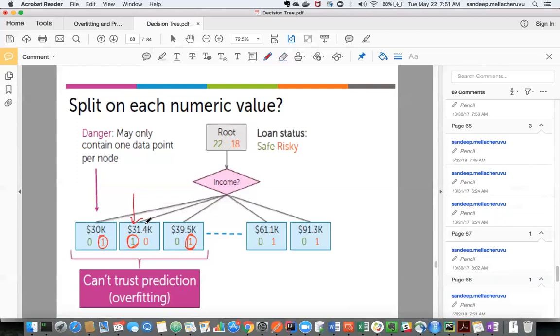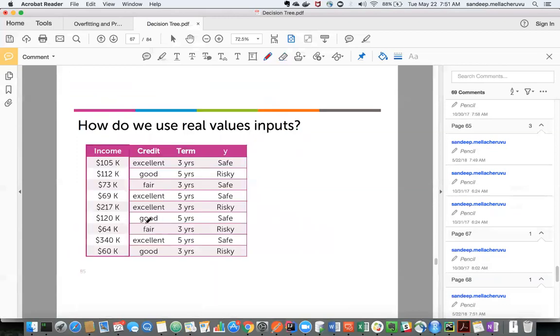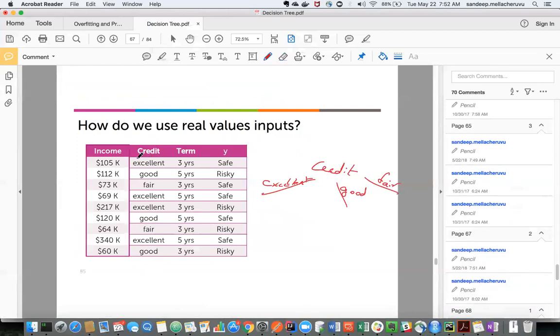What we did for credit, we did a split on credit equal to excellent, credit equal to good, and credit equal to fair. For each of the categorical values, I did a split.